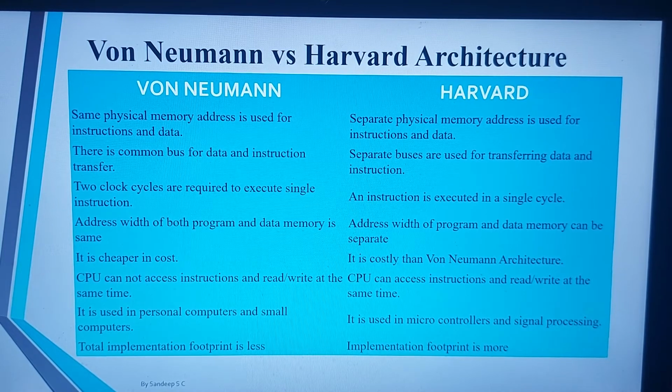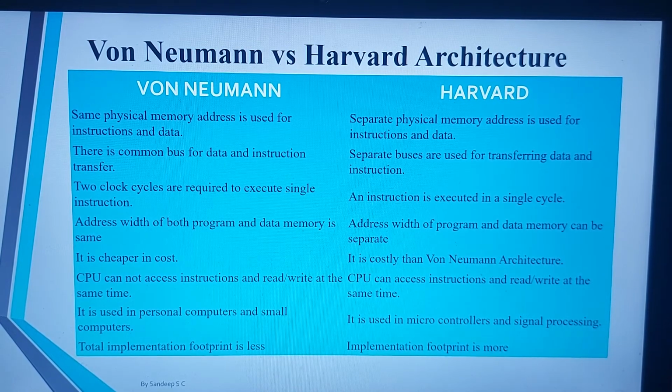They provide a separate bus architecture for both of them, so they can be operated independently and accessed simultaneously. That's what the next point says. As a separate address bus is provided in Harvard, but in von Neumann we have a common address and data bus, the address width of both program and data must be the same.